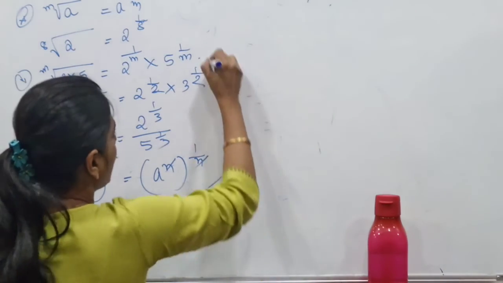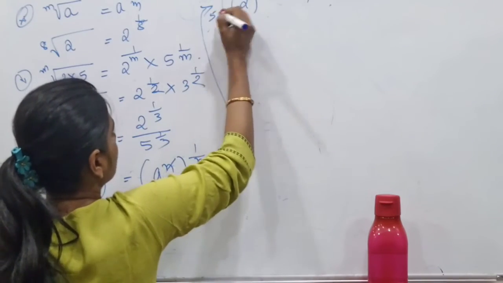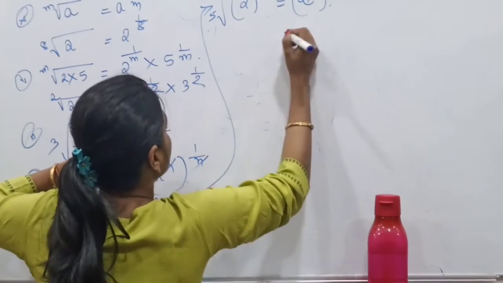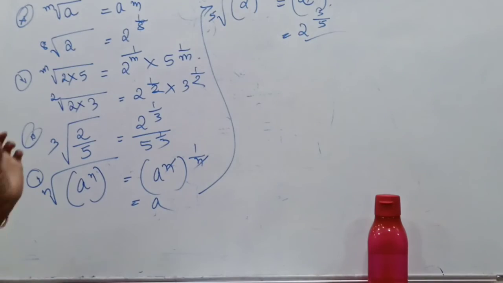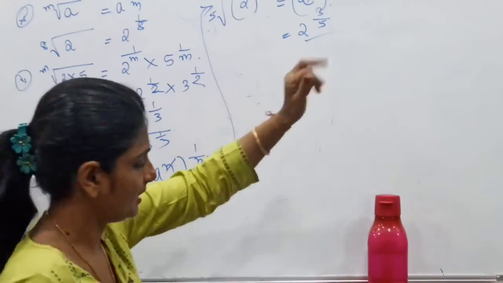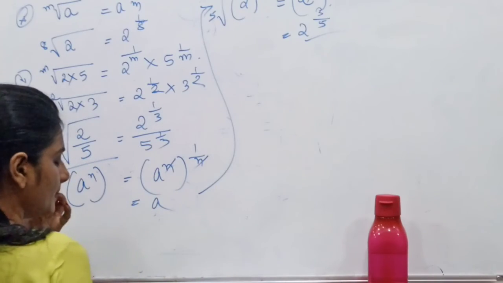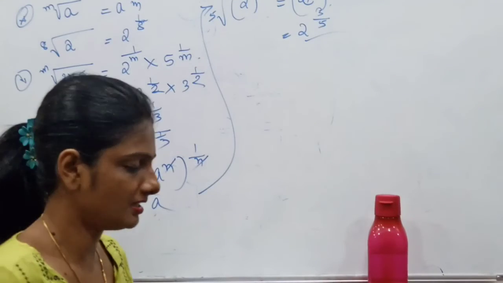It can be like that also: 2 to the power 3, whole to the power 1 by 5. So it becomes 2 to the power 3 into 1 by 5, that is 2 to the power 3 by 5. So the complicated one becomes very easy if we apply the rule. Is it clear? So these were the rules regarding surds and indices.